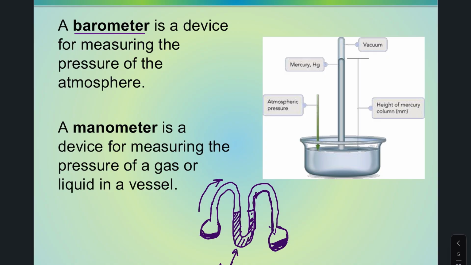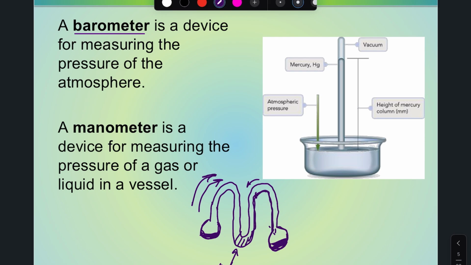If, however, we have much more pressure on one side than we do on the other, and just a little bit of pressure on this side, then we get something that's going to look more like this, where we have an unequal amount of pressure being distributed.